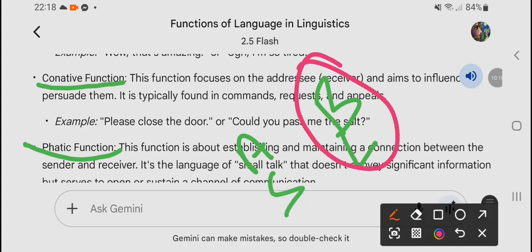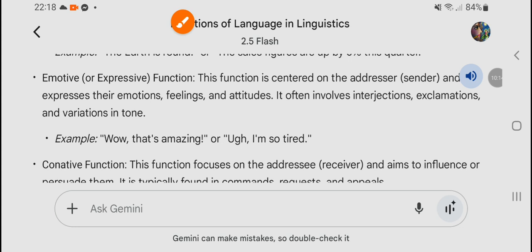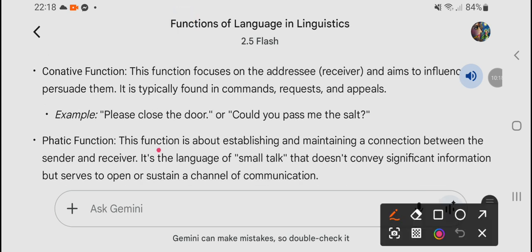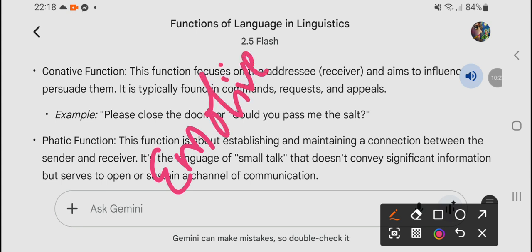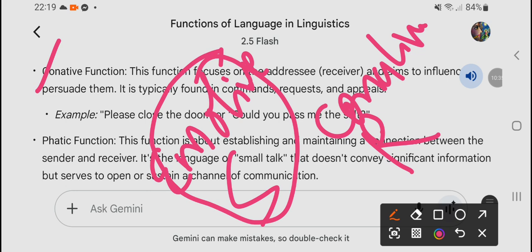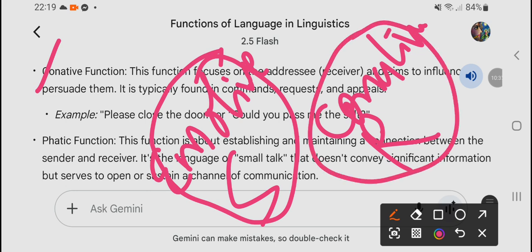Earlier, when we discussed the previous one, that is emotive, right? Emotive is focused on the sender, and conative is based on the receiver, right?